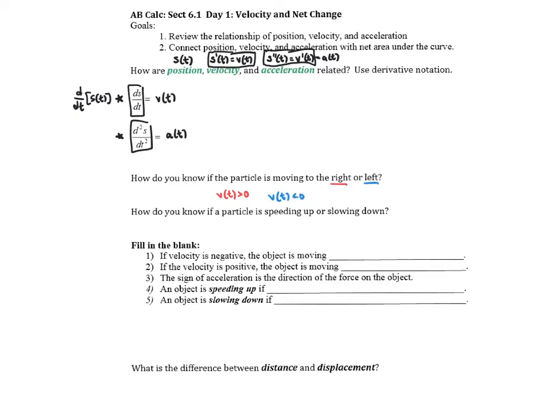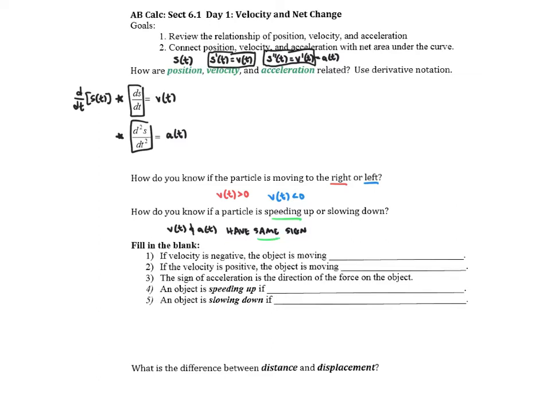When it comes to speeding up or slowing down, a particle is speeding up if v of t and a of t have the same sign. Okay, I guess I should have done that in green, but whatever.